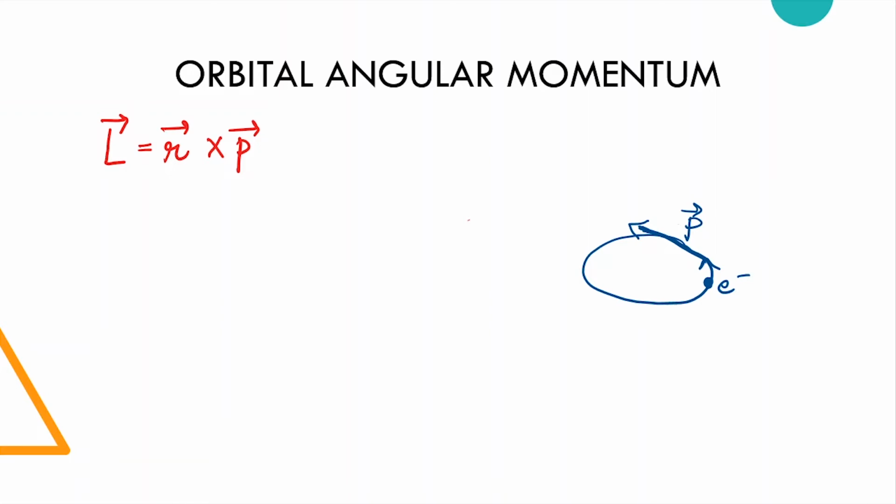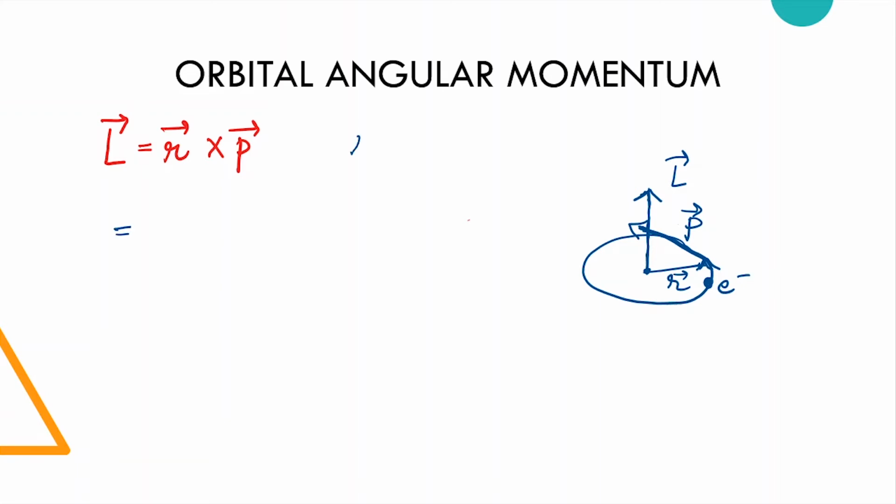Its velocity is anti-clockwise, so our momentum will be in this direction, and the radius is this, so we have to do r cross p. So our direction for orbital angular momentum goes upwards. This is the direction of L. So we simply have to do the cross product.